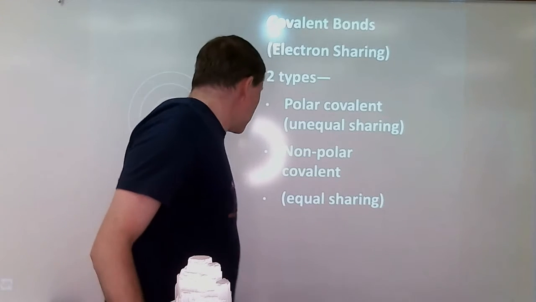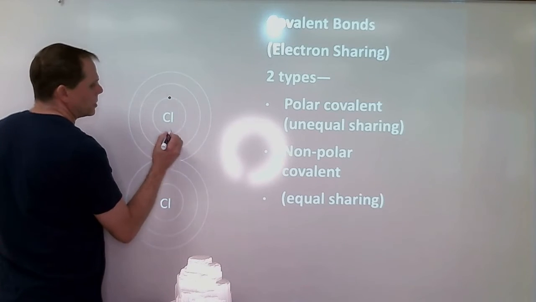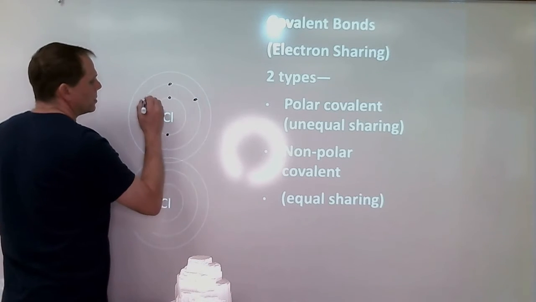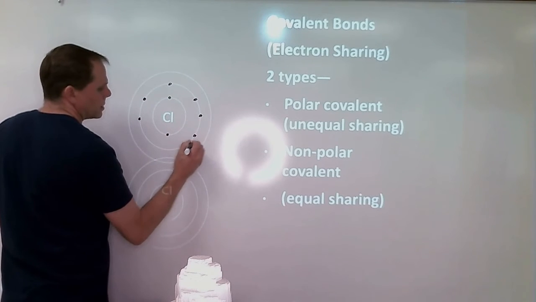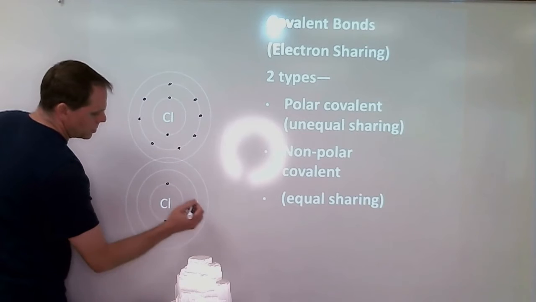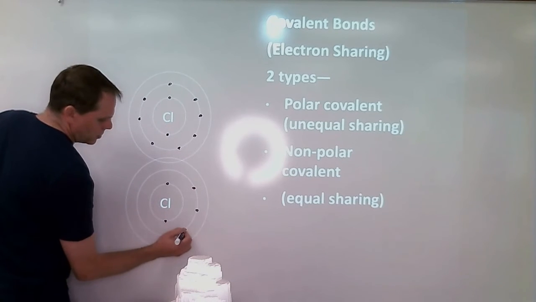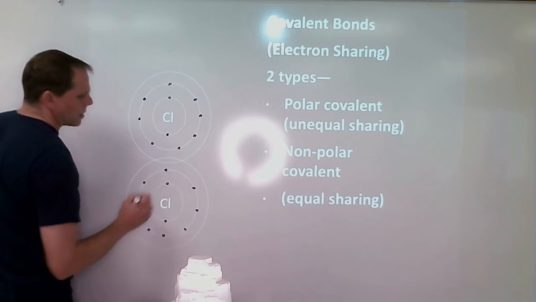Okay, in a covalent bond, we have the same thing here. Now we've got chlorine, but we've got chlorine twice. So remember, we had 1, 2 in the first energy level, 1, 2, 3, 4, 5, 6, 7, 8 in the second energy level. Let's do the same thing here. 1, 2 in the first energy level, 1, 2, 3, 4, 5, 6, 7, 8 in the second energy level.